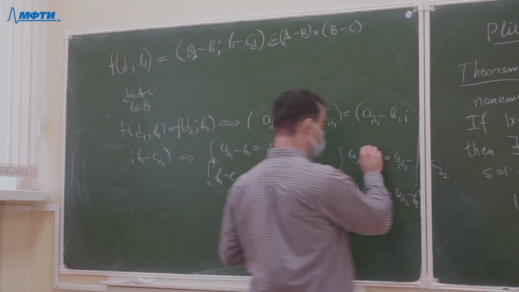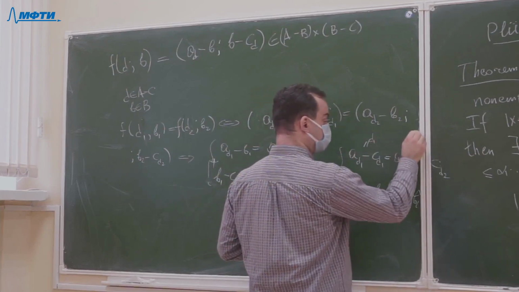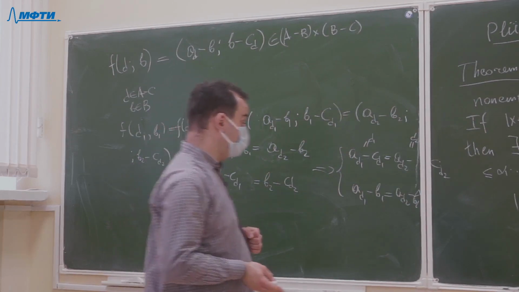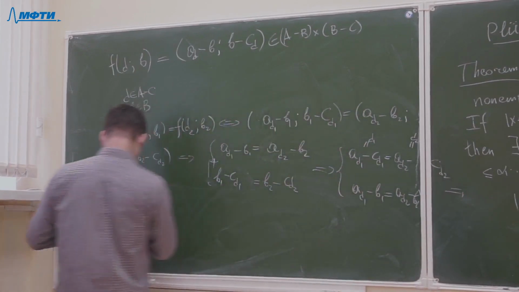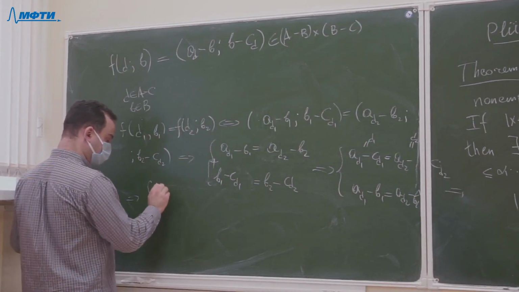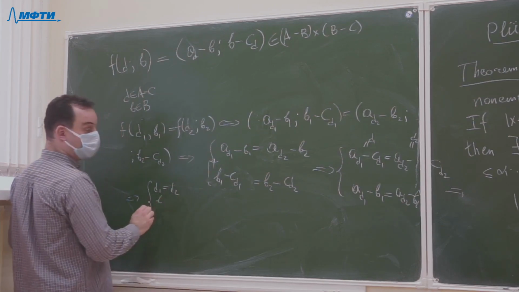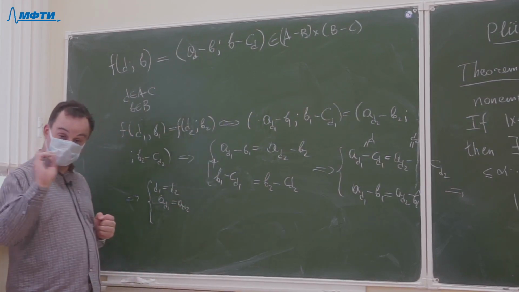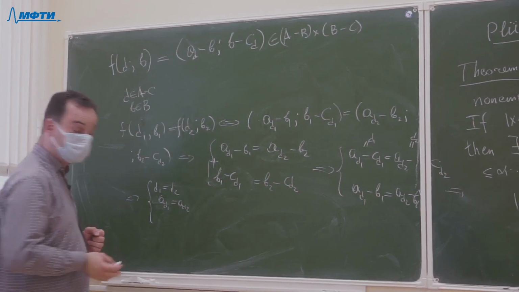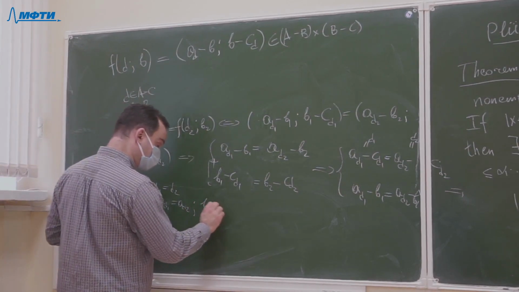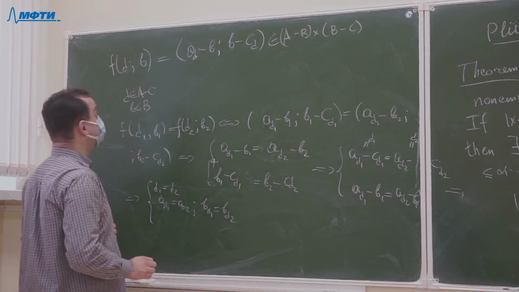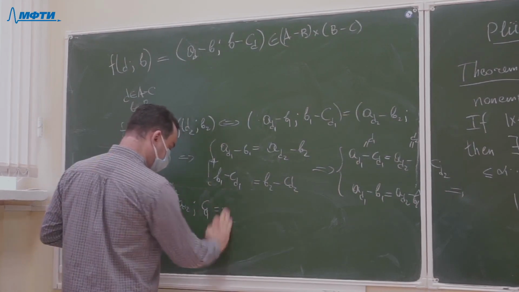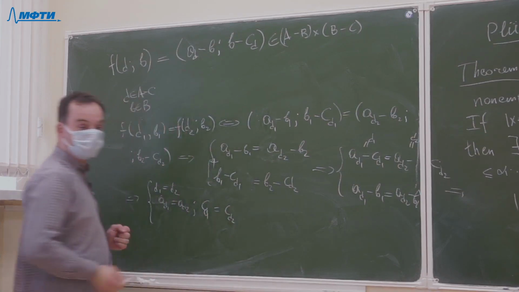So this is d1, this is d2, so d1 equals d2. Since we fixed one unique representation, a d1 equals a d2, and b d1 equals b d2, c d1 equals c d2, right?